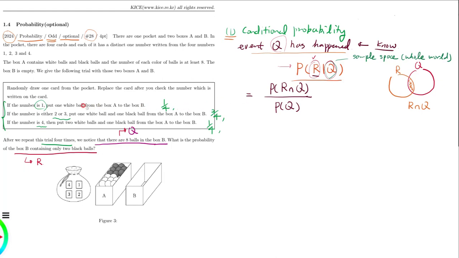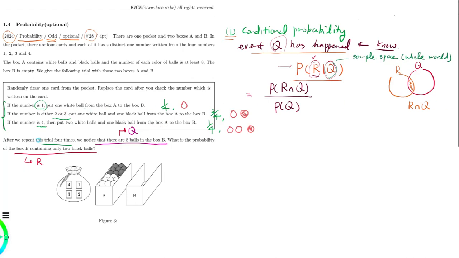What you get is we have only one whiteboard. On the second trial, we have one whiteboard and one blackboard. We have two boards. For the third trial, we have two whiteboards and one blackboard here.